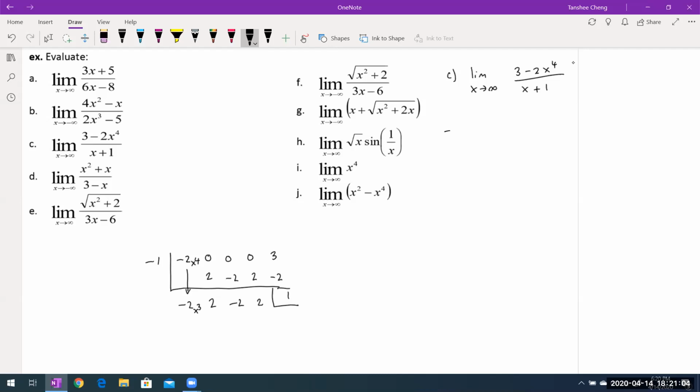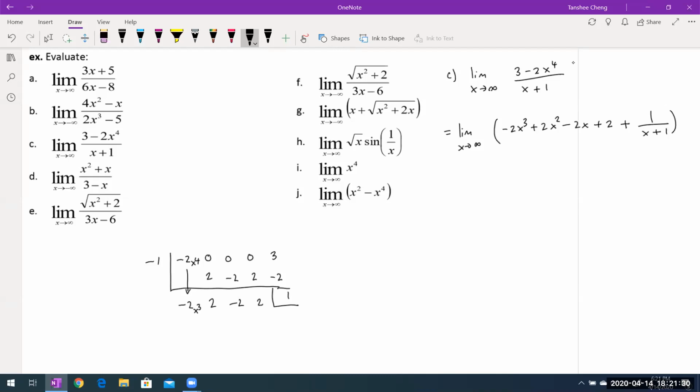So what happened is I can rewrite this as limit as x approaches infinity of this. When I divide it, that will become -2x to the third power plus 2x squared minus 2x plus 2, and plus the remainder right here, so it'll be 1 over x plus 1. Okay.